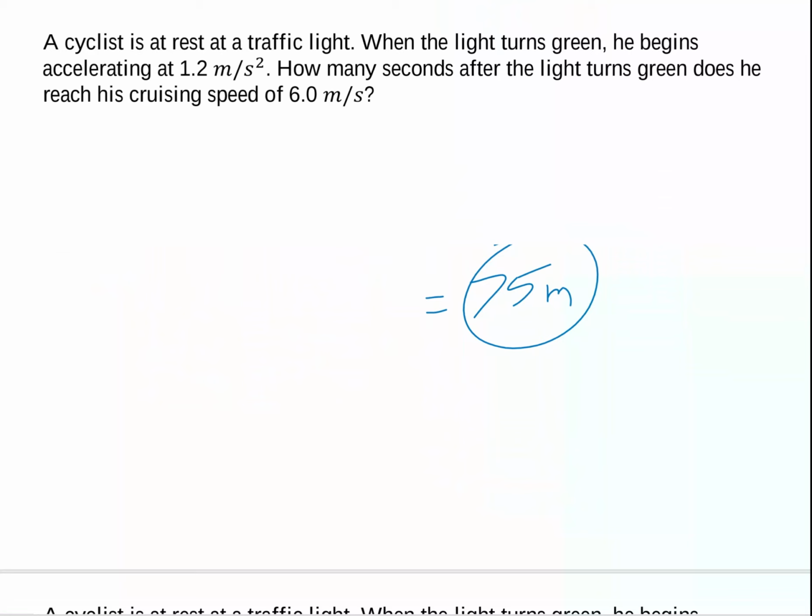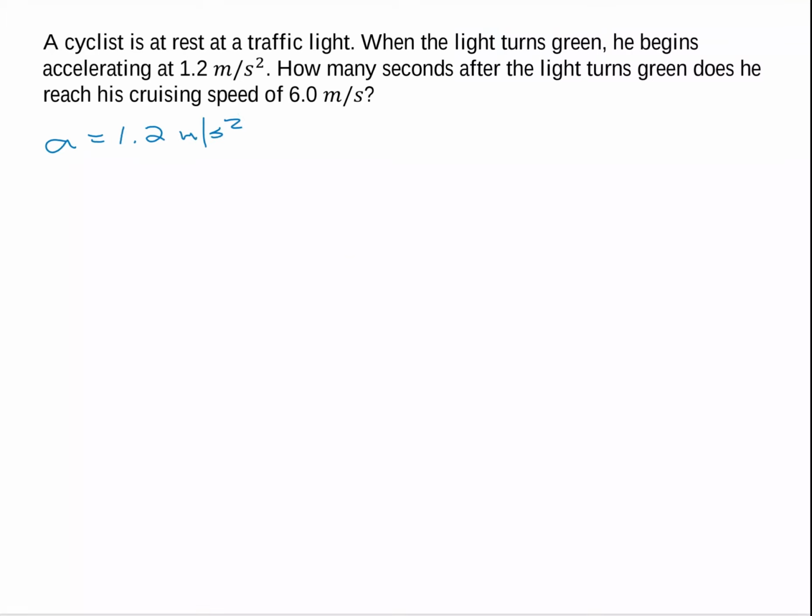What do we do? What do we know? We know his acceleration. Yep, they told us acceleration. What else do we know? The end. What's the end? 6 meters per second. What is that?